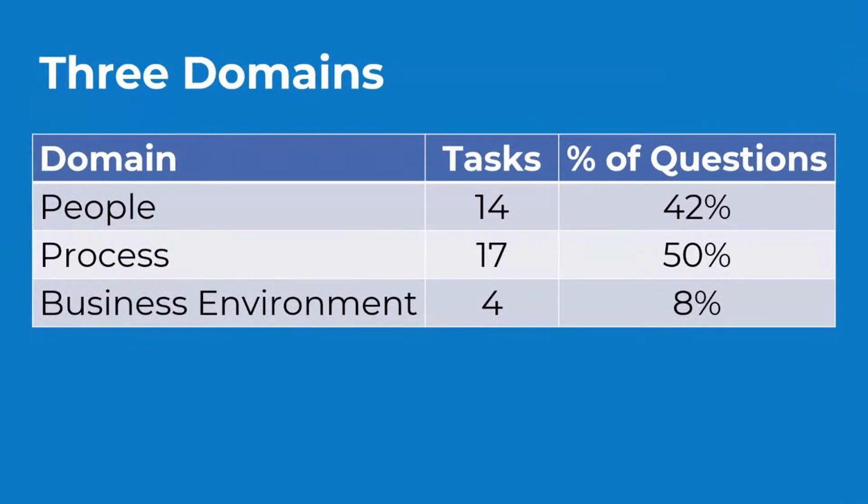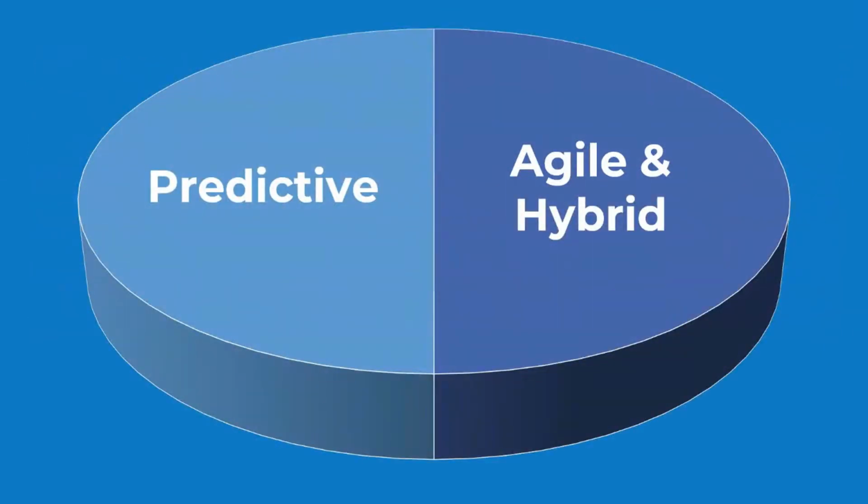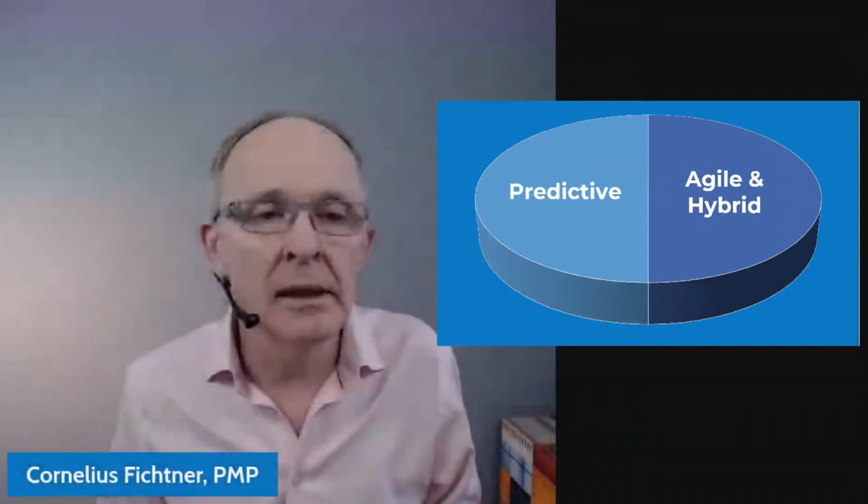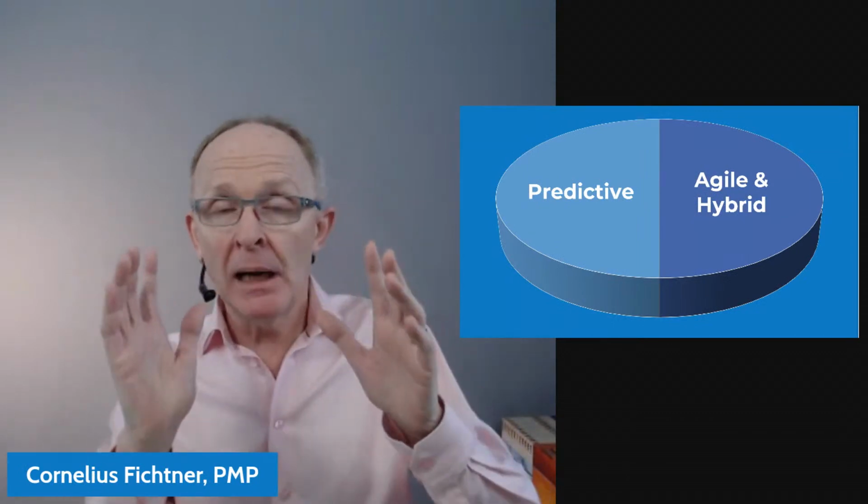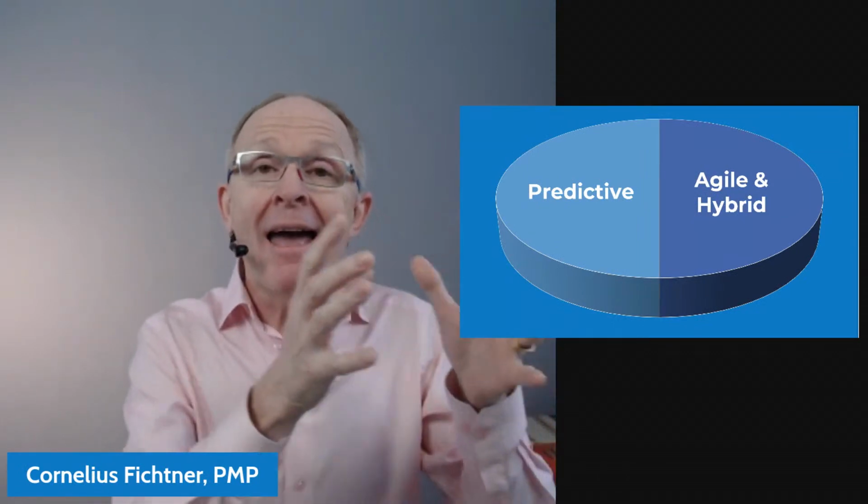Because, here we go, the PMP exam consists 50% of predictive and 50% of agile and hybrid questions. So in this current PMP exam content outline, PMI added everything from agile on top of it without removing anything.